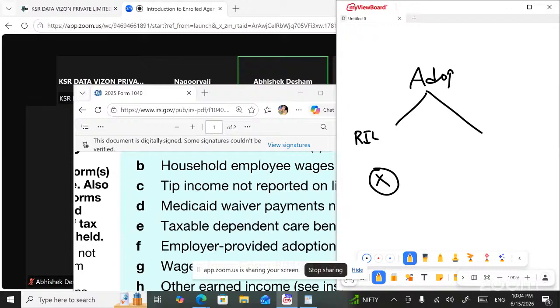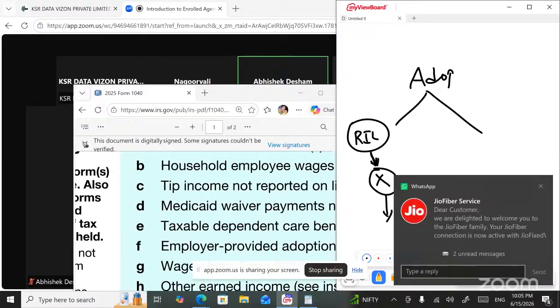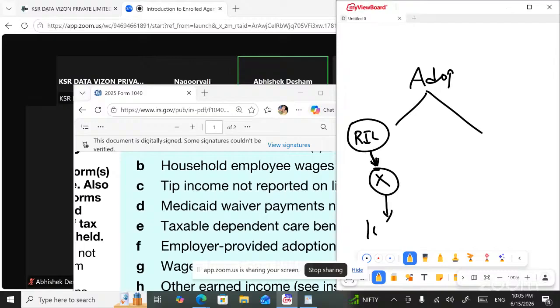If any child is adopted by this employee, and the employer gives any monetary benefit to the employee, that benefit information, by filing the respective form, shall be attached to form number 1040. This is support from the employer for the purpose of the adoption.